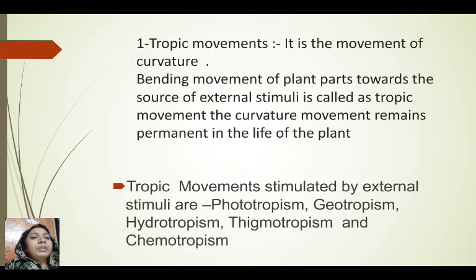The tropic movements may occur due to external stimuli like light, gravitational force, water, touch or chemicals. Therefore, the tropic movements are classified into phototropism, geotropism, hydrotropism, thigmotropism and chemotropism. All these classes depend on the type of external stimuli.